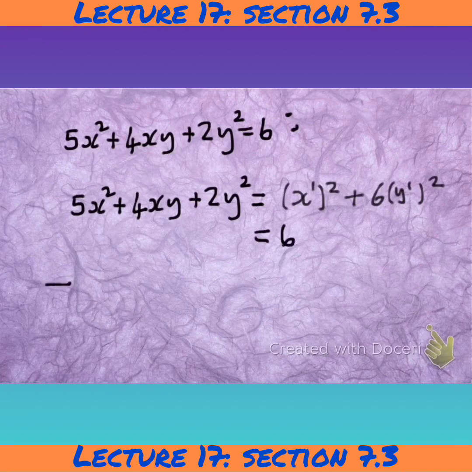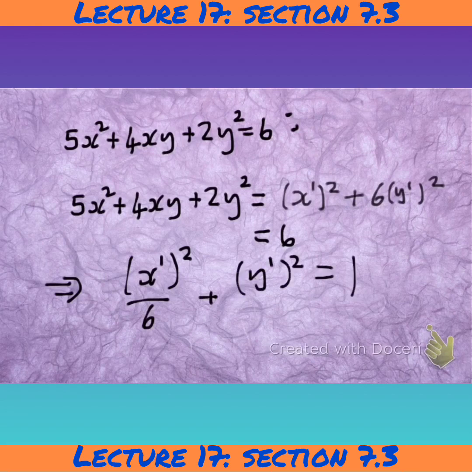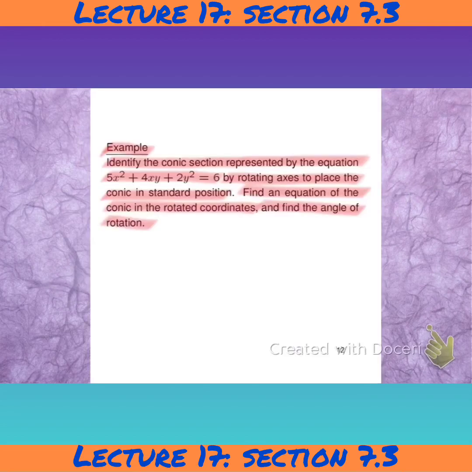Okay, so basically x prime squared over 6 plus y prime squared is equal to 1, and that's the equation of an ellipse. Right, so we've identified the conic section by rotation.